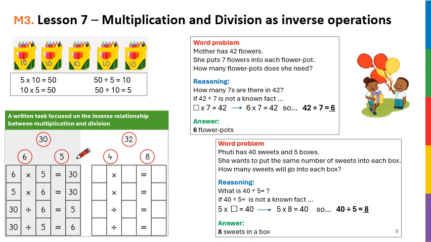In later tasks, those type of graphics will not be there because children by then would have gotten used to the idea that there are multiplicative number families and that from 4 times 8 is equal to 32, they can write another multiplication number sentence and 2 linked division number sentences.